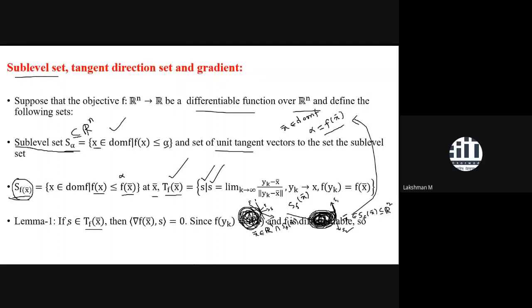If S is a unit tangent vector at x bar, and you take the inner product with the gradient at that point, what would be the direction of the gradient in 2D? The direction of the gradient is always perpendicular to the tangent vector at that point x bar. So if you take the dot product of S with the gradient at point x bar, it would always be 0.